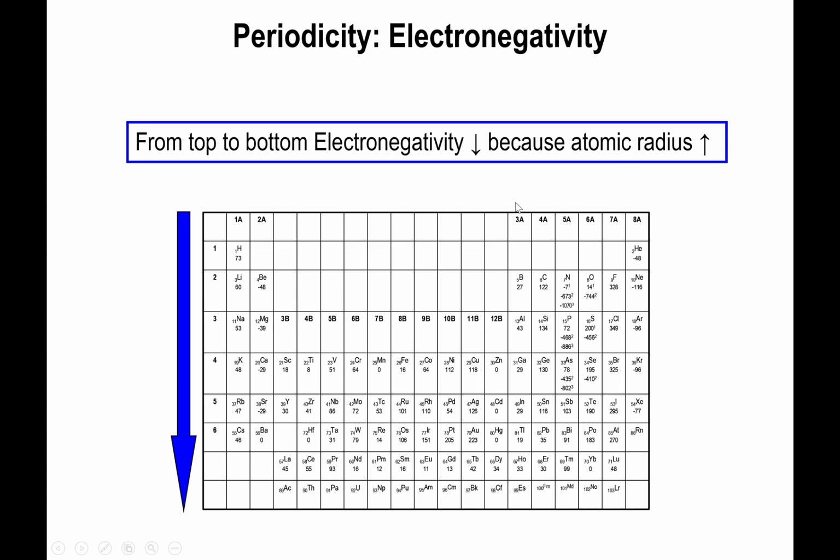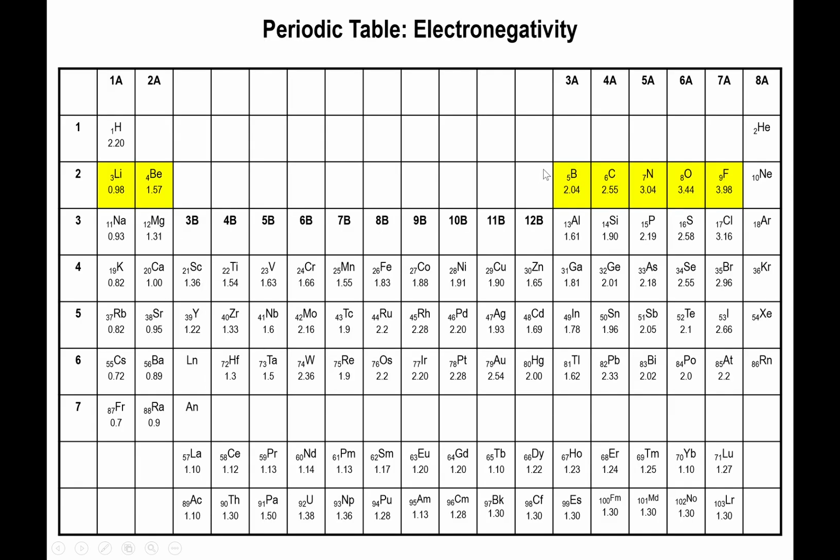And this is happening because the radius of the element is increasing, the electrons are getting further away, so there is less of an effective nuclear charge attracting electrons. So there's not much of a tendency to attract electrons as you go down a group. But when you go from left to right, you see a regular increase in electronegativity as you go farther and farther to the right.